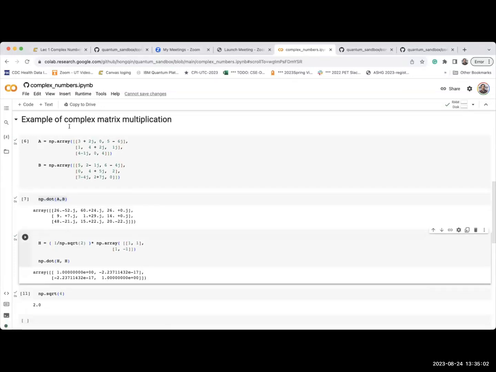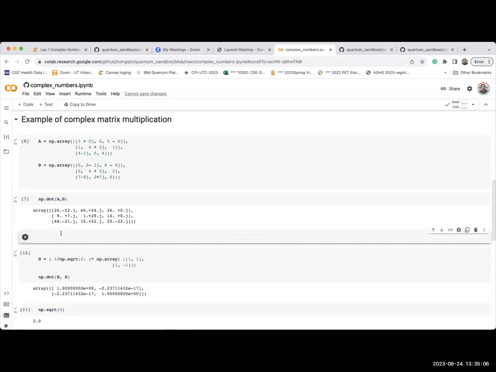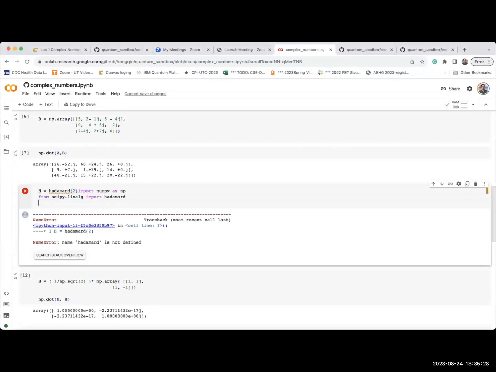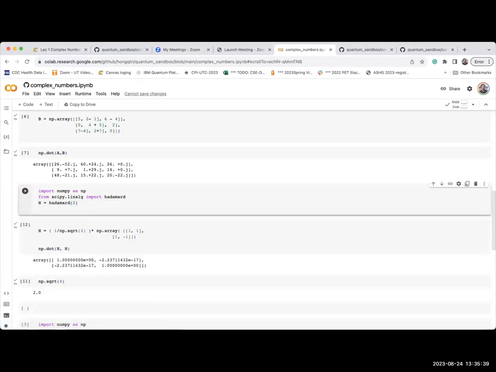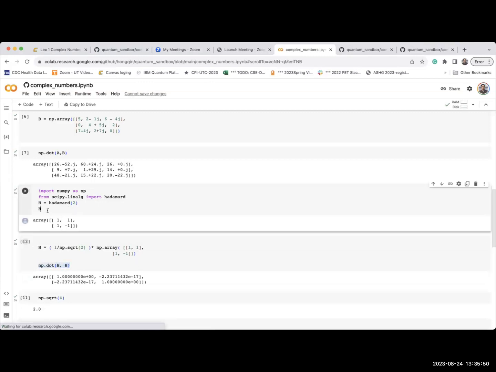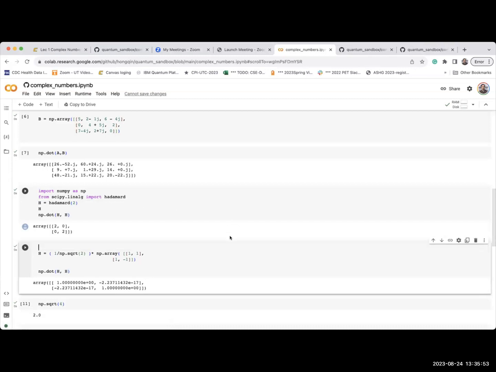Although there's another way to do this. Apparently there's another package. We have to normalize that.